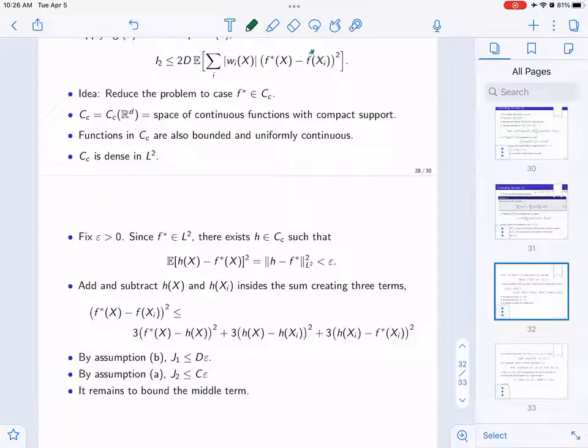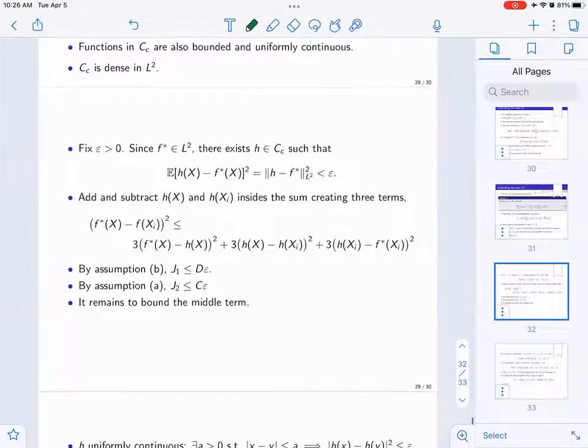This is like a triangle inequality: I'm adding and subtracting these terms and breaking the difference into 3 pieces. It's the general fact that (a plus b plus c) squared is less than 3 times (a squared plus b squared plus c squared).